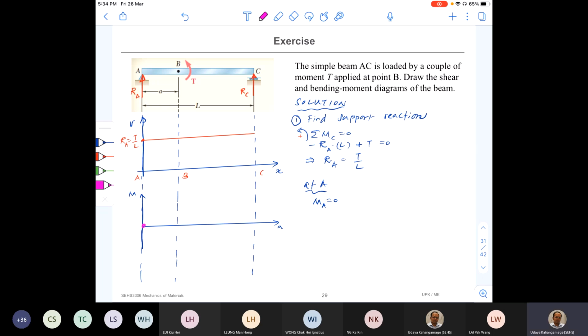And then from A to B, we can find the bending moment just before B. We can find the bending moment by taking the area under the curve of shear force. So how to do that?